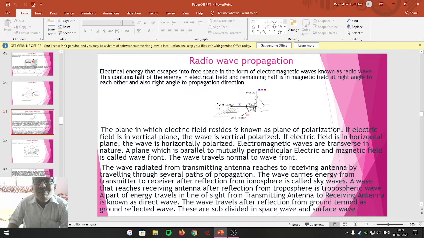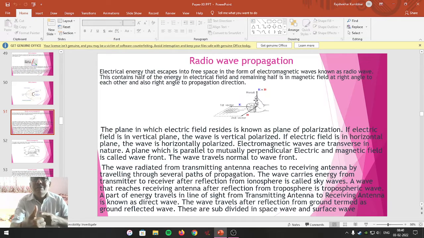So this is the direction of electric field, this is the direction of magnetic field. Both are at right angle. This is the plane of propagation, the plane in which the signal resides, and it will propagate at right angle to the electric field as well as the magnetic field that is represented here. So that's what is called the right hand rule.